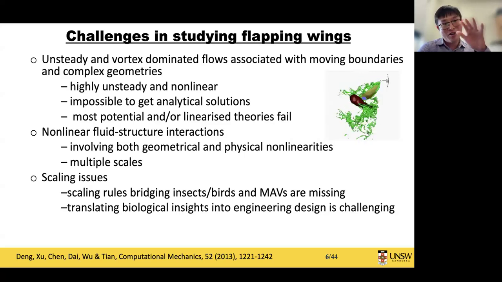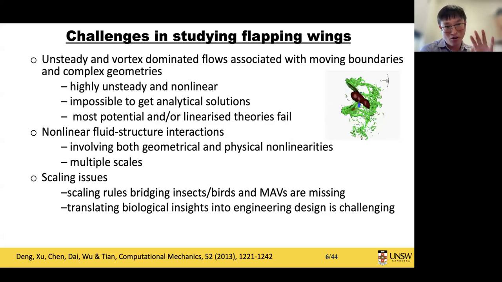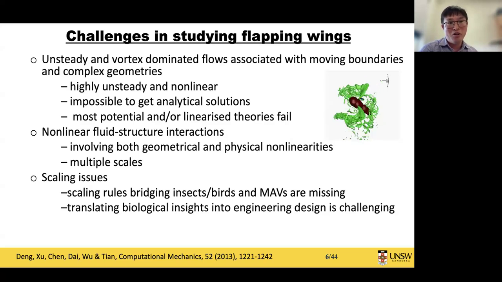For some very simplified parts of a wing, we may get some kind of analytical outcome, but in general it's impossible. Also, most potential or linearized theories can predict or explain some part of the lift generation, but not the whole.